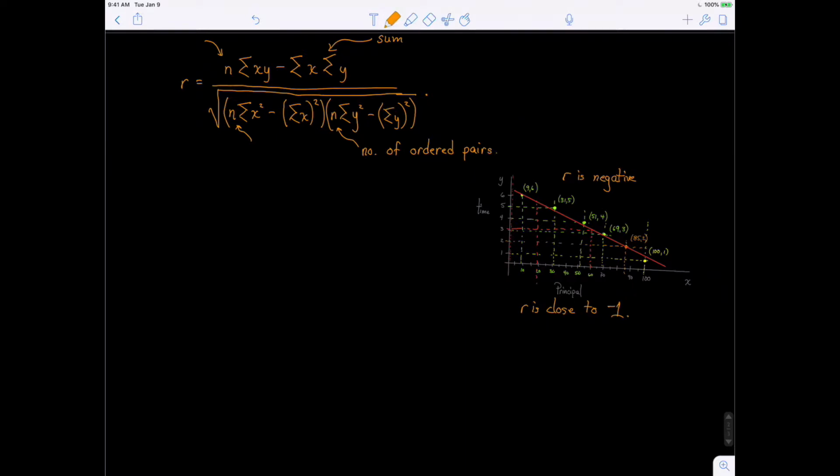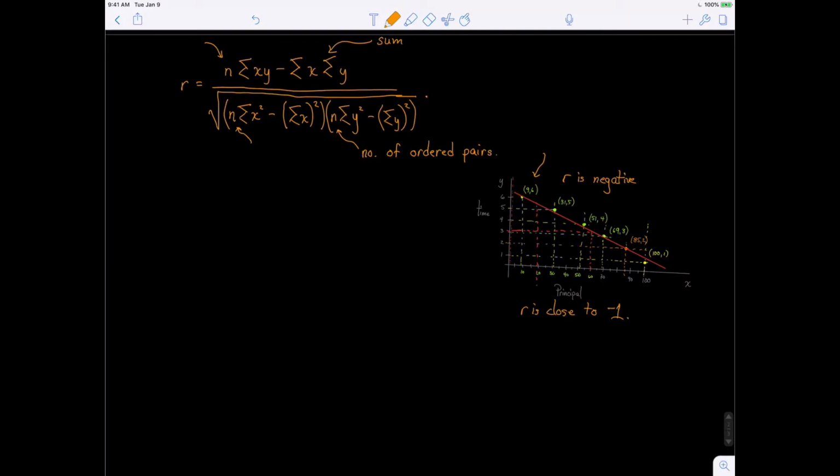Now, when you're calculating R, I think the easiest way to do this is to just make a table. So notice that all these green values are my ordered pairs. We'll start at the first one with 1.